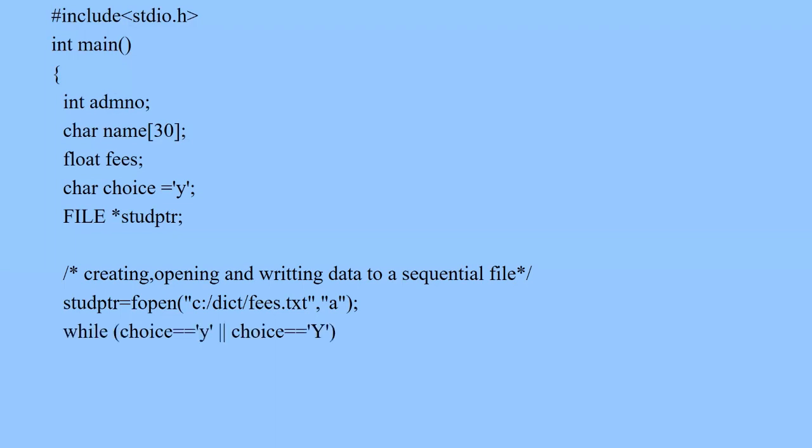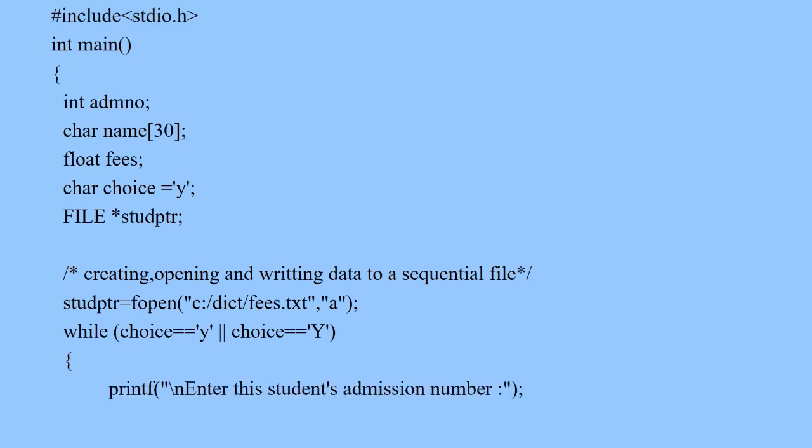And then we check this condition. If the choice that has been entered is yes, that is, if the content of the memory location called choice is equal to the character y in lowercase or the character Y in uppercase, do the following.